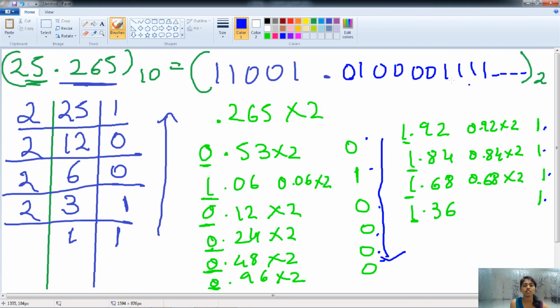So this is your answer. You can write it like this. You don't have to do this much. Even if you have calculated 5 points, that would be sufficient. So this is called an infinite binary fraction.